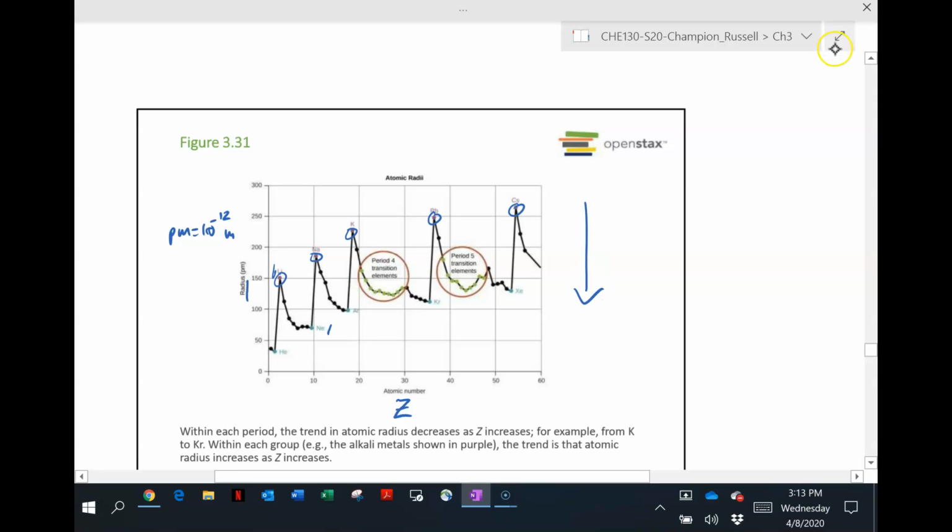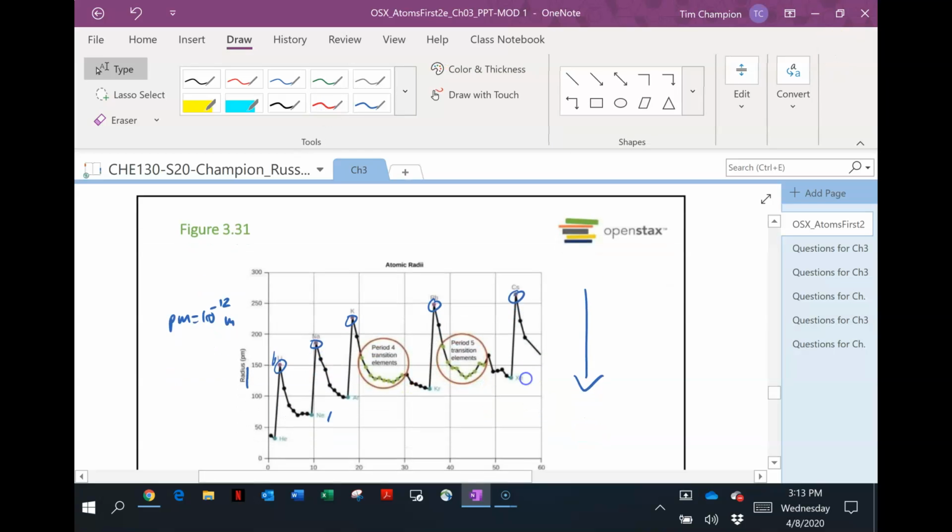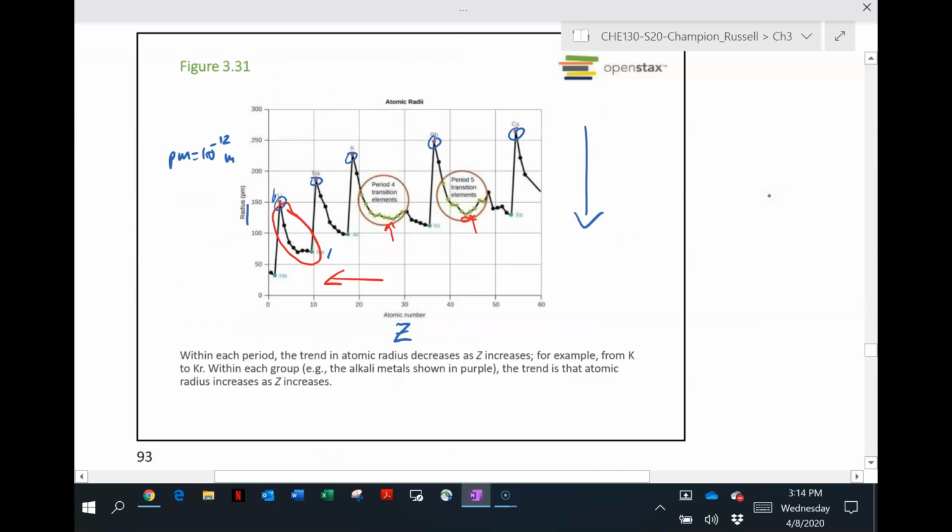And then what we see in this kind of trend here, that's the cross trend that goes that way. And then you see, some weird things happen when you get the transition metals involved. We're not going to worry too much about those right now. We're going to worry mainly about the main group elements for this class. But that's another way of looking at the data.